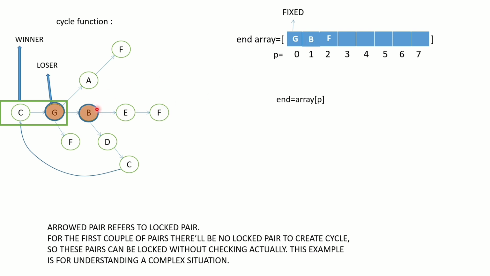Okay, now B will be the end, and B is winning over E, and this pair is locked actually, and that's why we can go through this path.